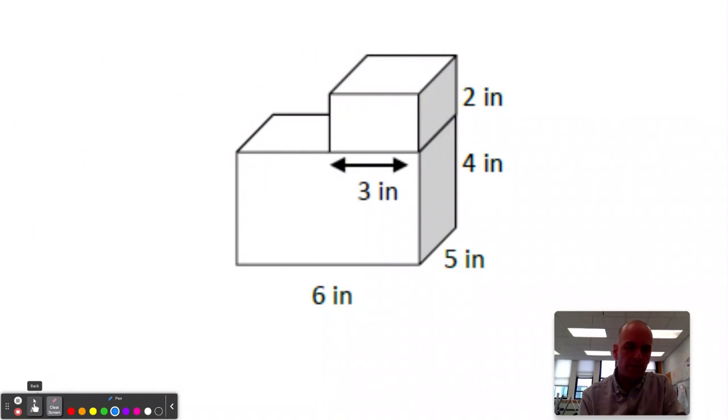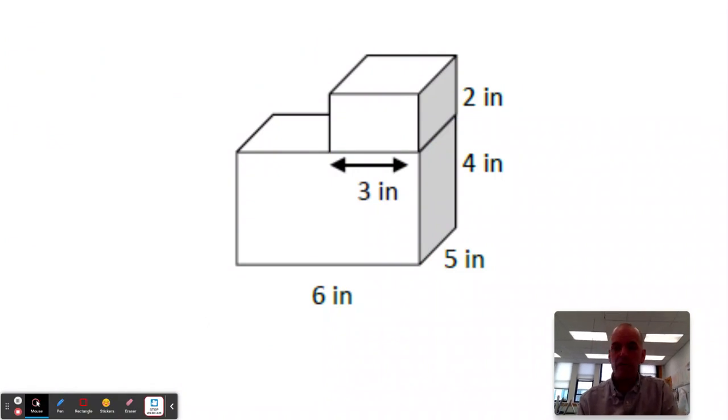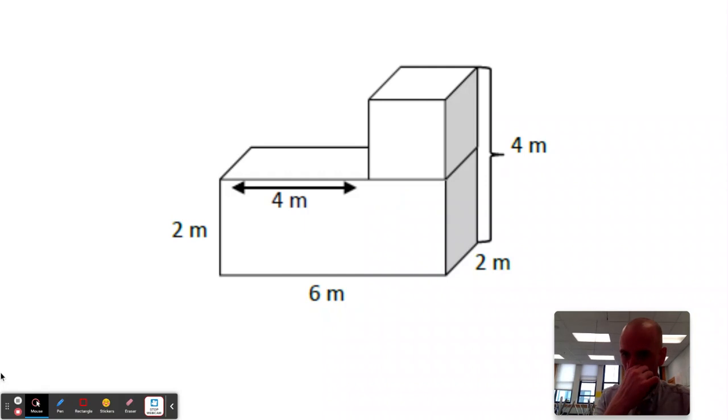Now, that one was pretty straightforward. Sometimes it can be trickier when they make you figure out one of the measurements. I think on Prodigy, sometimes you get problems that are tricky, like this. So let's look. Okay, this one's also straightforward-ish.